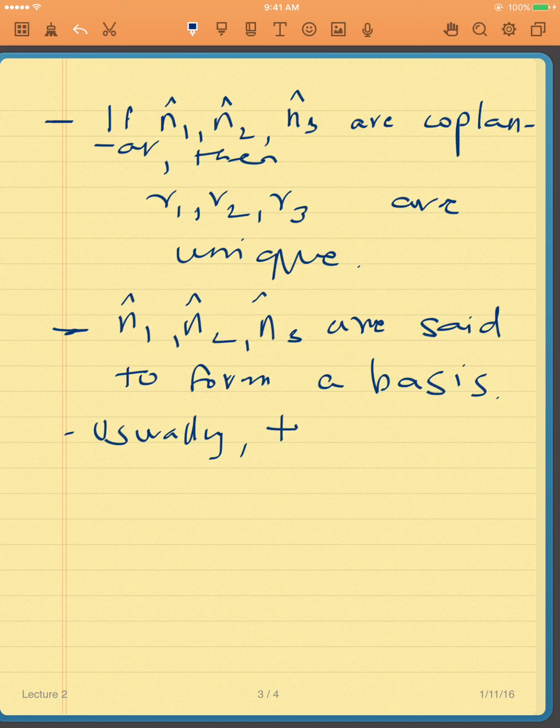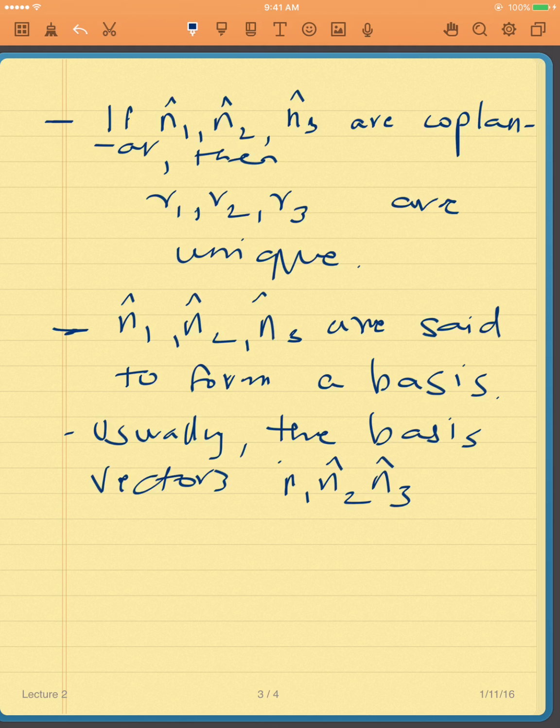Usually the basis vectors E1, or the basis vectors n1, n2, n3, we haven't been calling them E yet, so let's stick with that. The basis vectors n1, n2, and n3 with hats on them have to satisfy certain conditions, have to meet certain requirements, or, well, if we're picking them, when we pick the basis, they have to basically meet the following requirements.